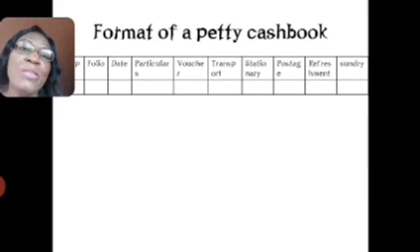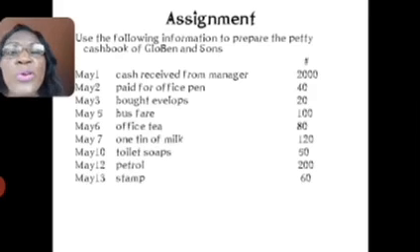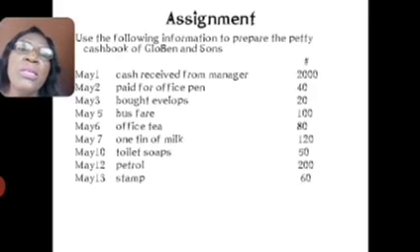Now, for your assignment, I would like you to use the following information to prepare a petty cash book for Globen and Sons. Use the format, the diagram I gave you.